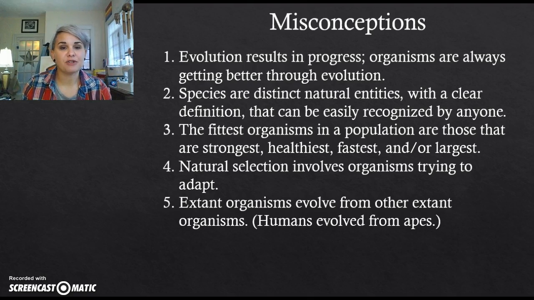Let's see. Number 2, species are distinct and natural entities with a clear definition that can be easily recognized by anyone. It's just not that simple. For example, we have a situation in North America where coyotes are mating with eastern gray wolves.